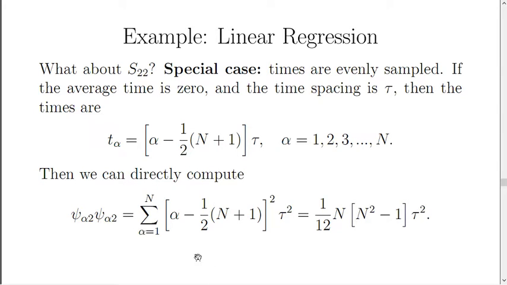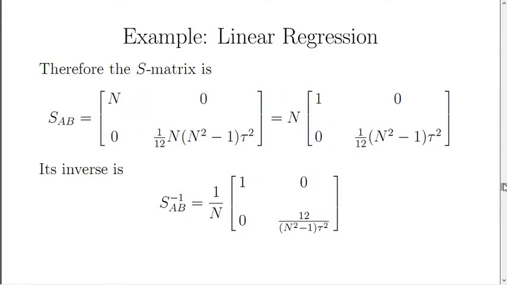It's this expression, and we can work it out algebraically. I've done so to give this expression right here. We now know the complete S matrix, and here it is. Here's an equivalent form where I simply factored n out of the matrix. The inverse of this matrix is easy to compute because it's a diagonal matrix, and it looks like this.